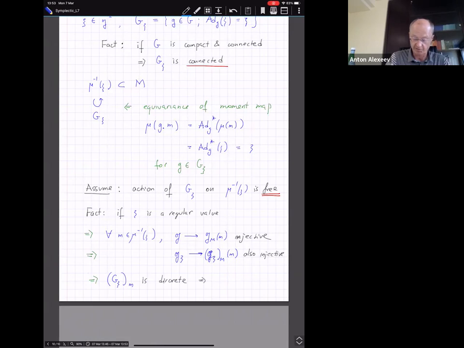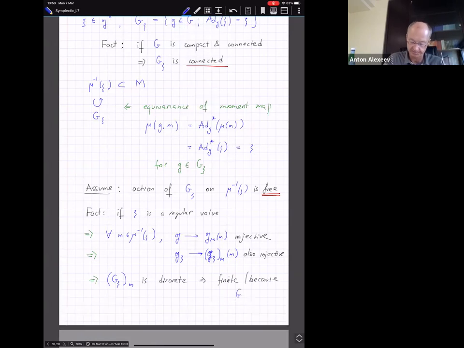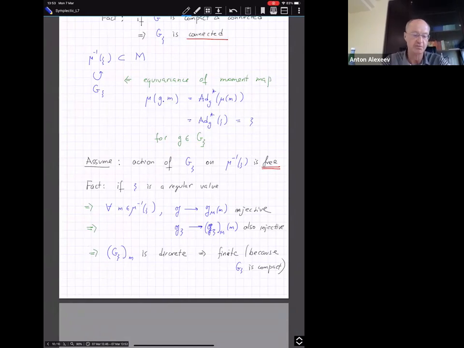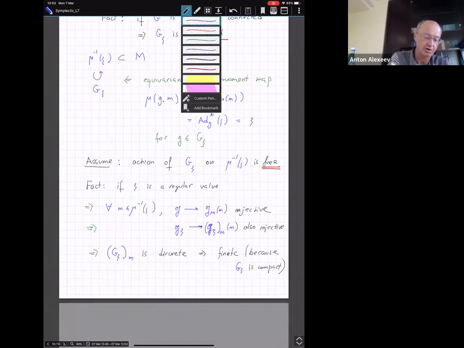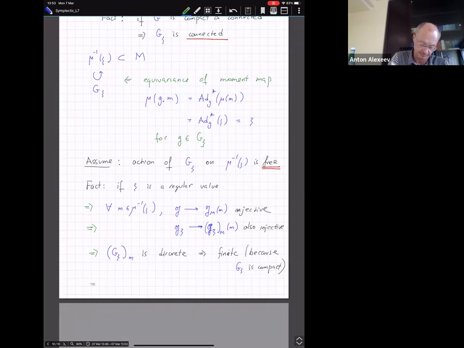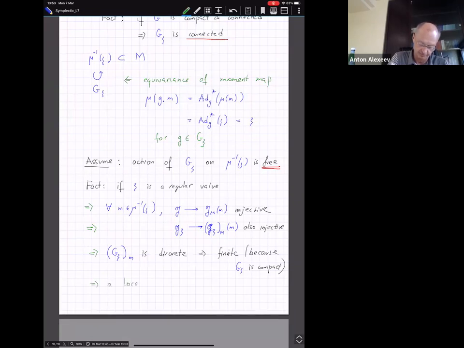And therefore it is finite, because G psi is compact. Right. Such actions where all stabilizers are discrete are called locally free. But this is just terminology.